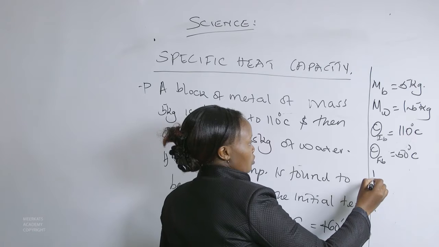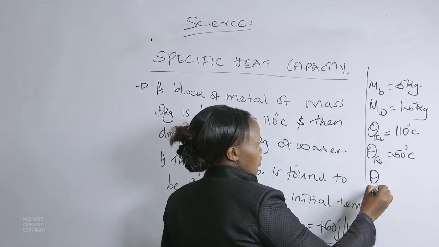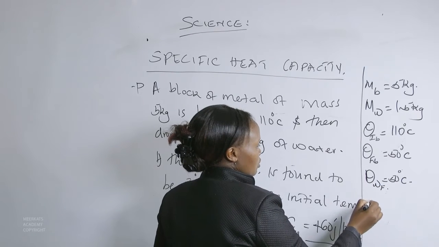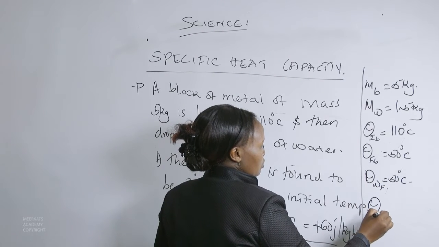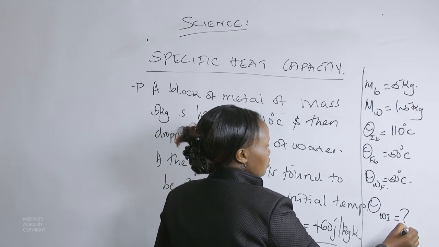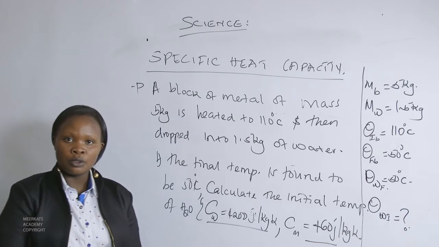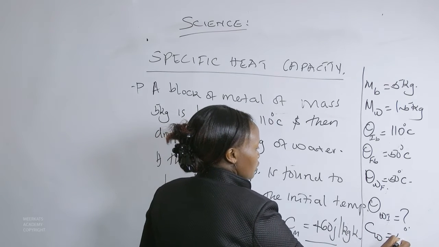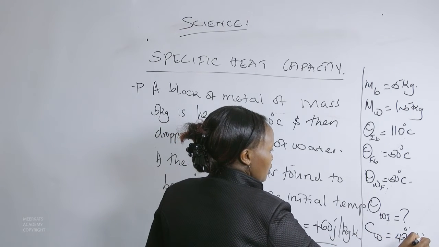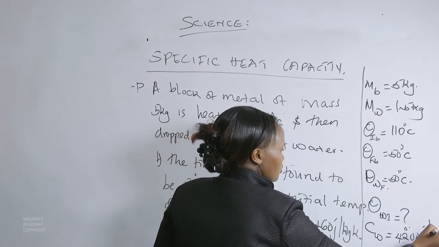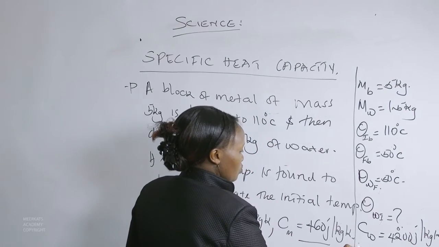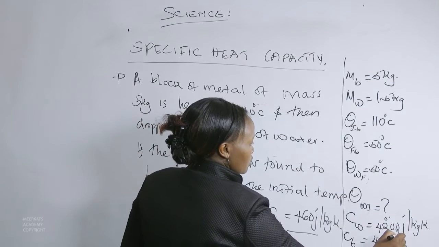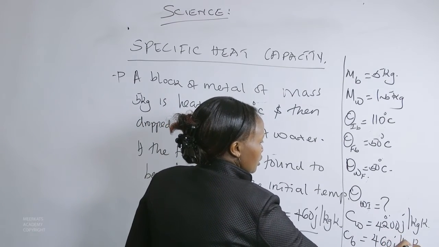The water also gets to 50 degrees centigrade, that is the final temperature, but the initial is what we are supposed to calculate. The specific heat capacity of water is 4200 joules per kilogram Kelvin. That of the block is 460 joules per kilogram Kelvin.